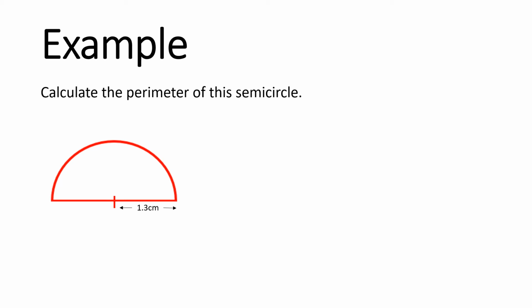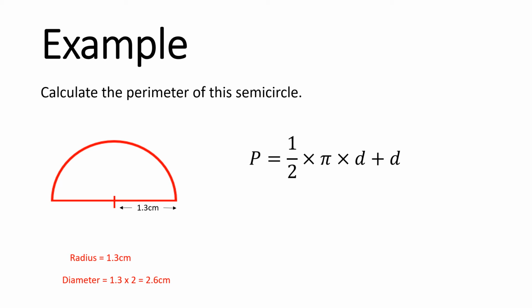So if the radius is 1.3 centimetres, then we know that the diameter is 2 times the radius. So the diameter will be 1.3 times 2, which equals 2.6. From here we can use our formula, perimeter equals half times pi times diameter plus diameter, and we can substitute in what we know, which we know that the diameter equals 2.6.